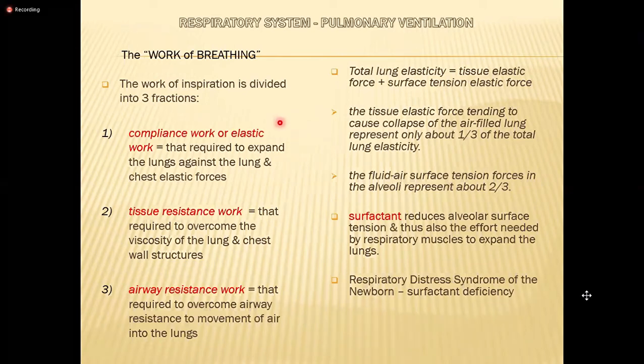This takes place when the newborn infant is born prematurely, with lack of surfactant inside the lungs. That's why nowadays they will already inject the mother with surfactant to prevent the respiratory distress syndrome of the newborn.